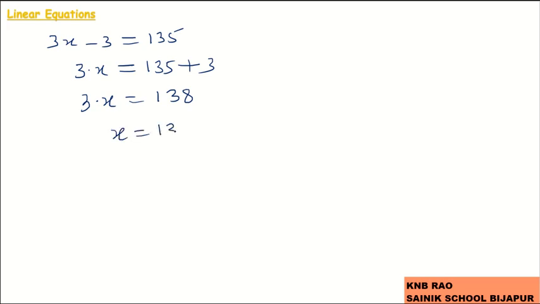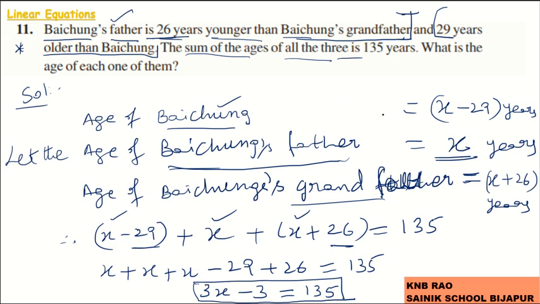If it comes to the right hand side, it becomes divisor. Therefore, x equals 46. Now, students, we know Baichung's father is 46 years old, Baichung's grandfather is 46 plus 26, 72 years old, and Baichung is 46 minus 29, that is 17 years old.